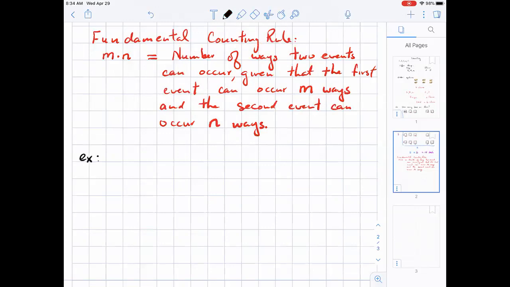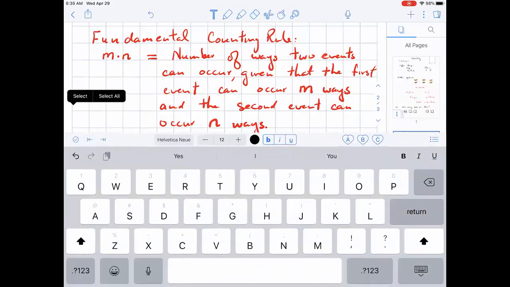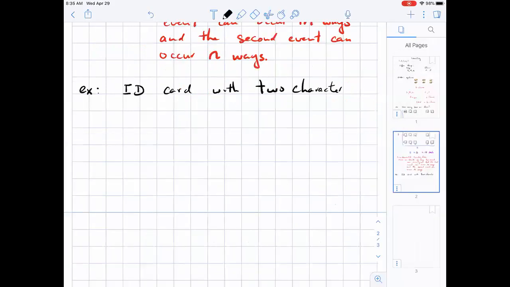Here's another example that you can think about. Suppose you have an ID card with a two-character code, and this consists of a letter followed by a digit.